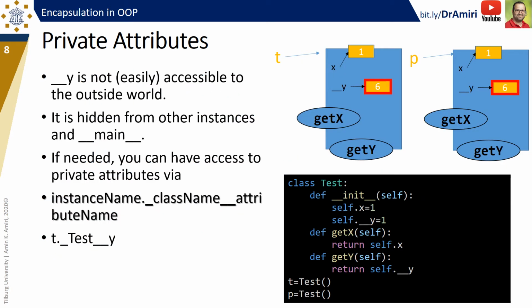As I mentioned, private Y is not accessible to the dunder main part and anything outside the class, and that includes other instances of that class as well.